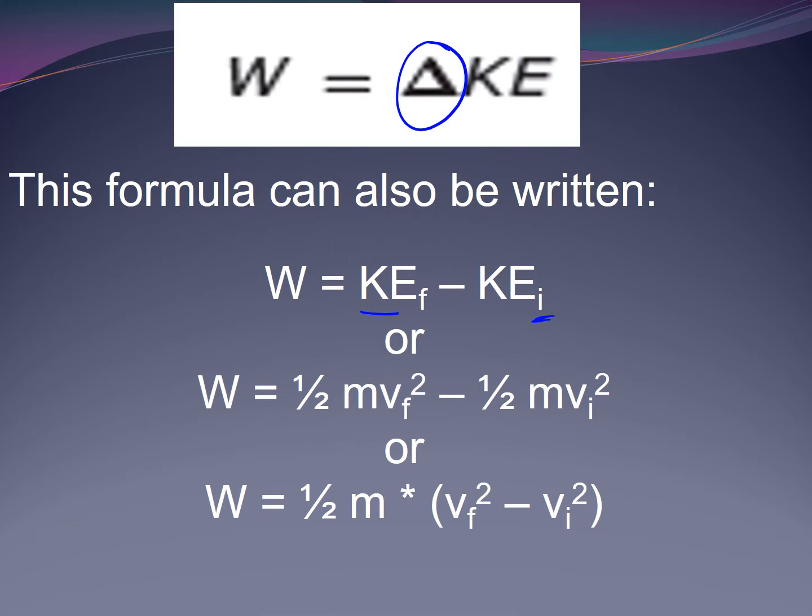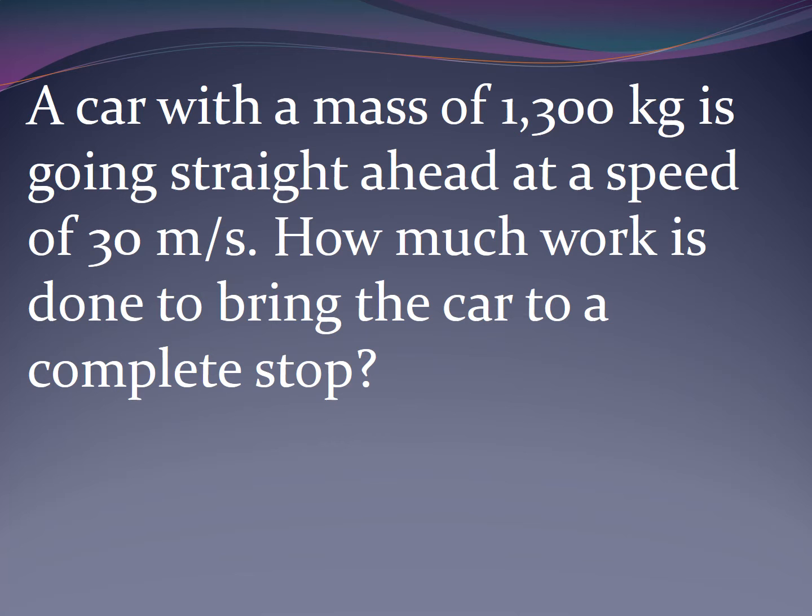So we have 1/2 m vf squared, that's our final velocity, minus 1/2 m vi squared, initial velocity. It's the same thing. Or we can do a little bit of algebra and grouping, and we could say it's 1/2 m times, and then group together our final velocity squared minus initial velocity squared. And so depending on the situation, some of these equations might be easier to use.